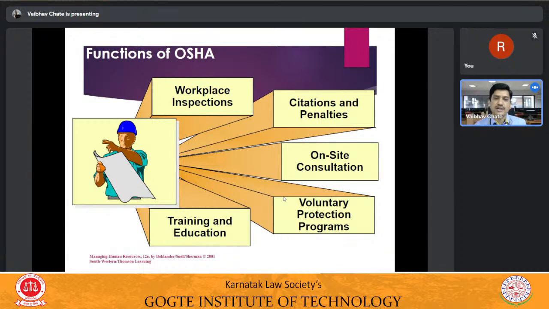The course learning objectives for this subject are, first, to understand the various historical developments connected with OSHA, that is occupational safety and health. Then we are going to investigate the current occupational safety and health problems and solutions.